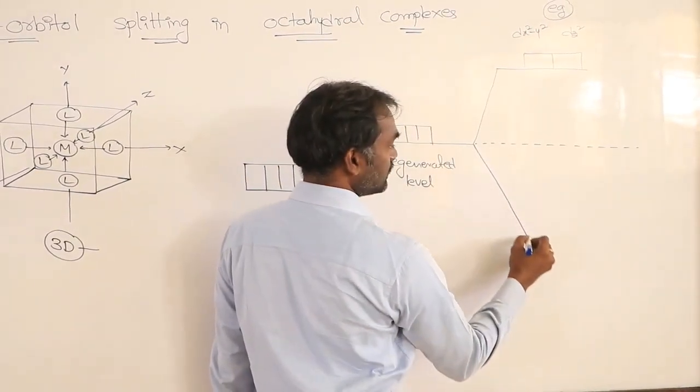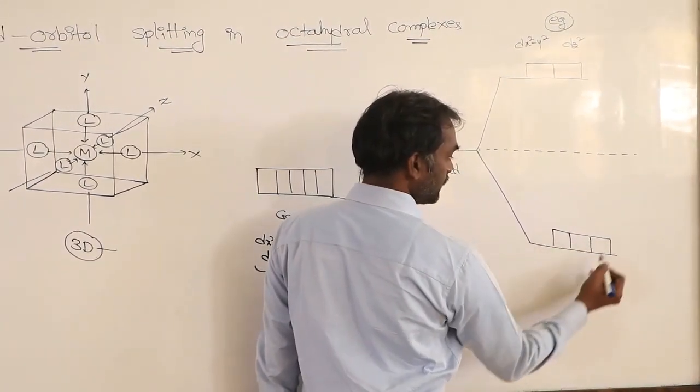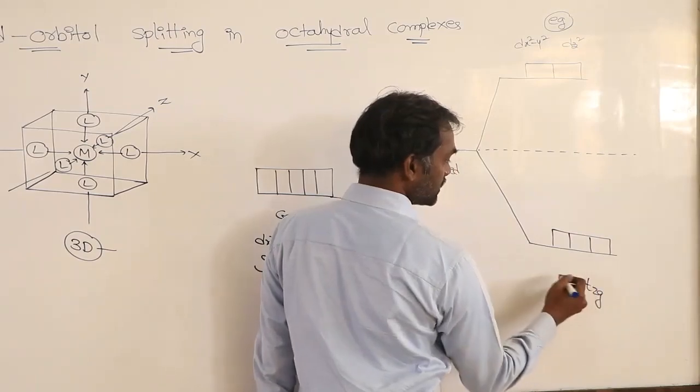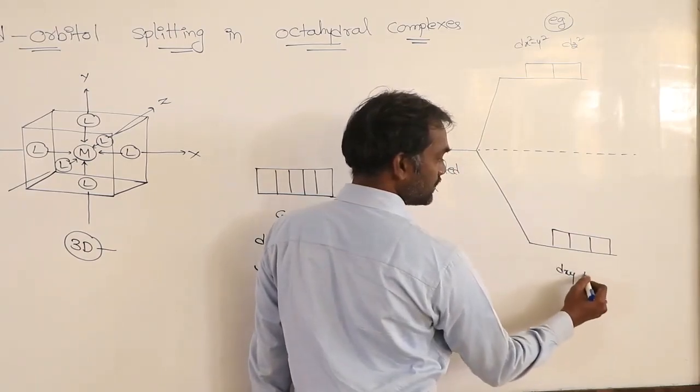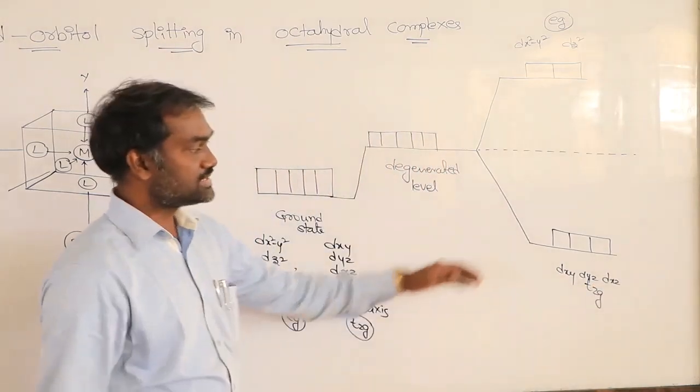Next, the remaining t2g orbitals, dxy, dyz, dxz, these 3 come down.